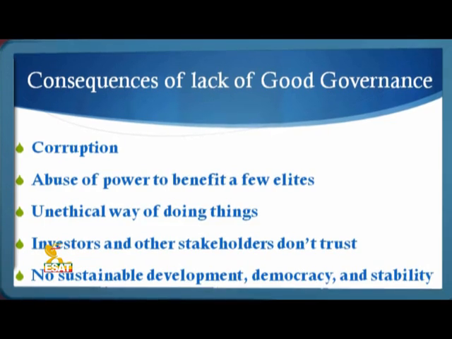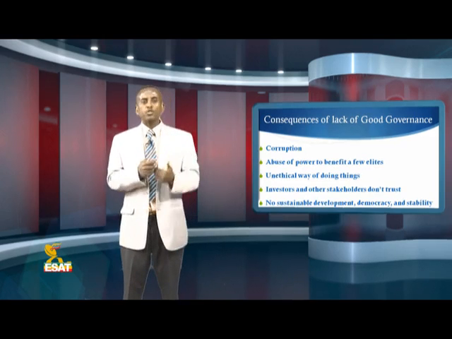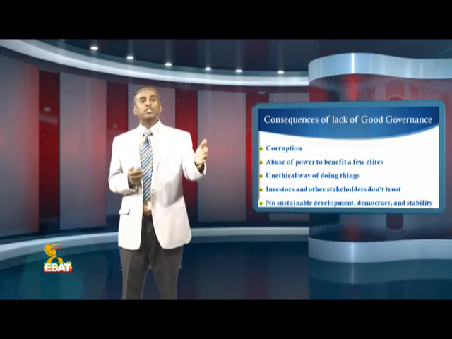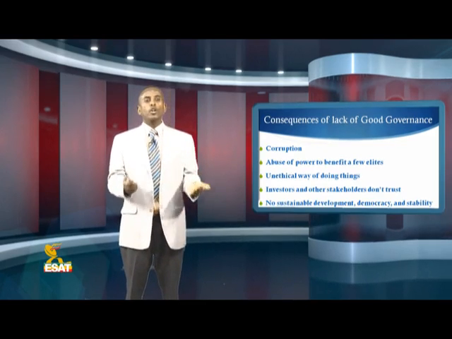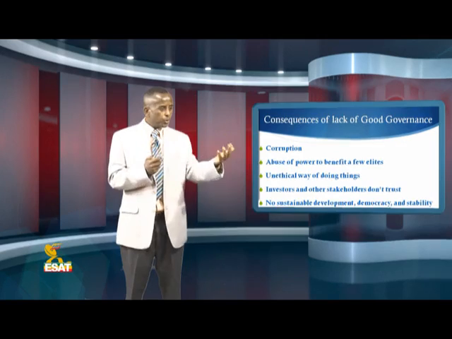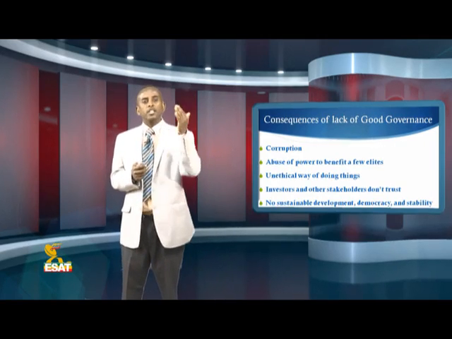So lack of good governance is keeping Ethiopia from enjoying both local and foreign direct investment because there is no trust. There is no sustainable development, democracy and stability in Ethiopia because when you don't involve all stakeholders, when you don't make yourself accountable, if you don't also make sure that all stakeholders are benefiting from the developmental efforts in Ethiopia, you have an unstable system. You have no sustainable development.